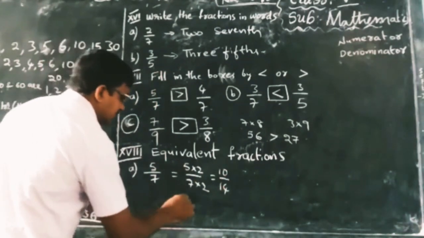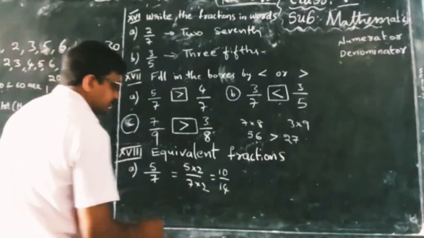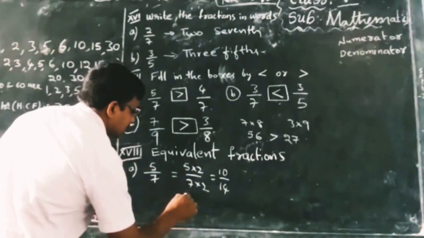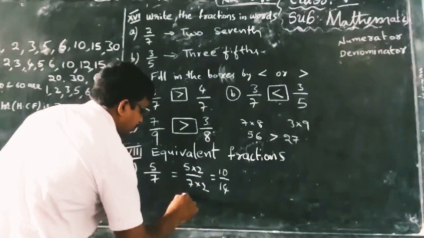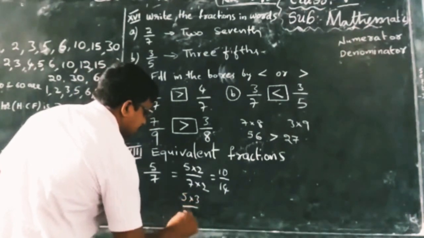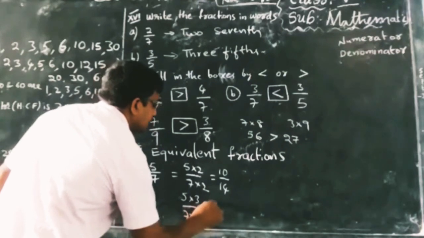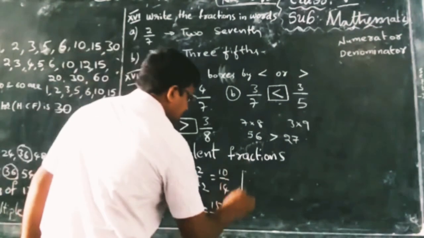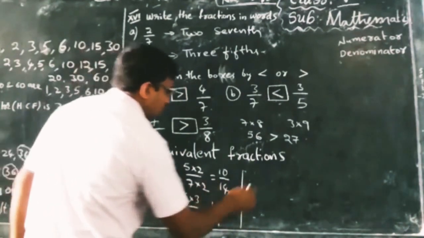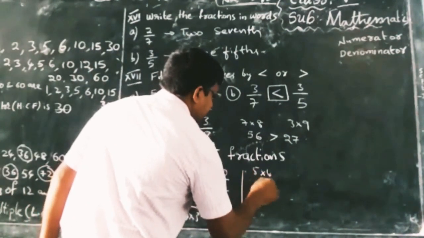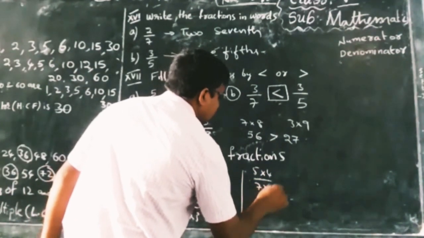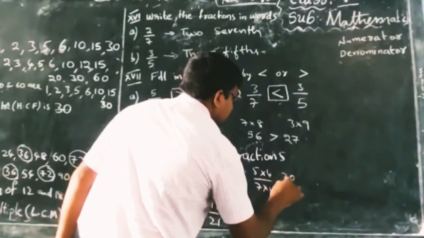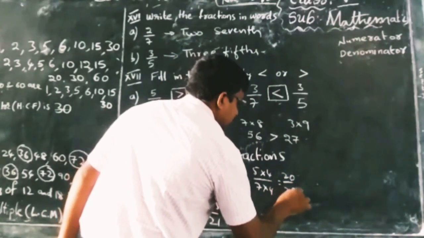Now multiply by 3 by 3: 5 into 3 by 7 into 3, 15 by 21. Now multiply by 4: 5 into 4, 7 into 4, 5 fours are 20, 7 fours are 28.